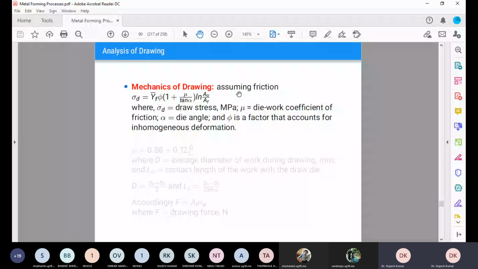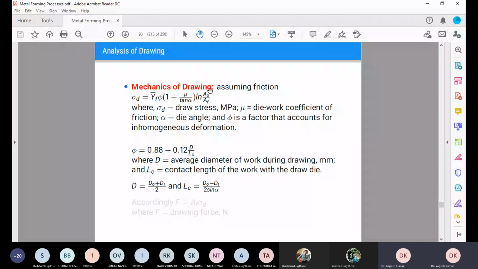So in the case when friction is considered, the stress may be given as sigma d equal to YF phi, 1 plus mu upon tan alpha, natural log of AO upon AF. These are the formulas which have been developed by different researchers.